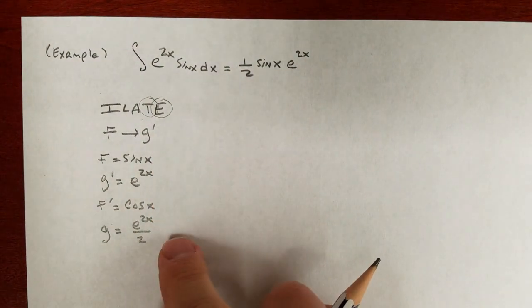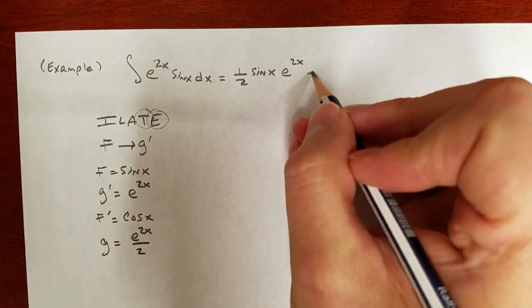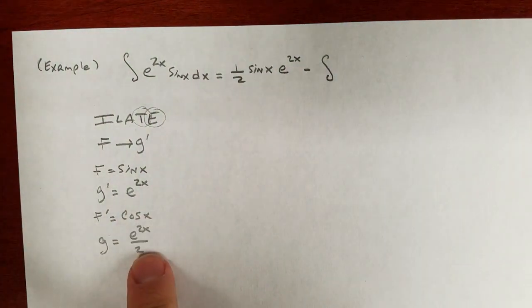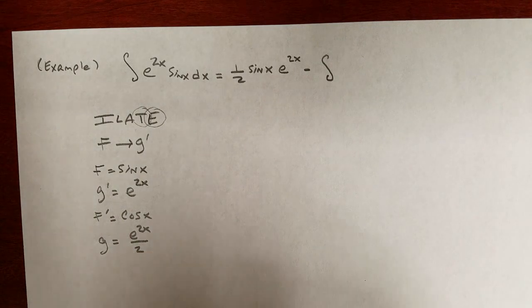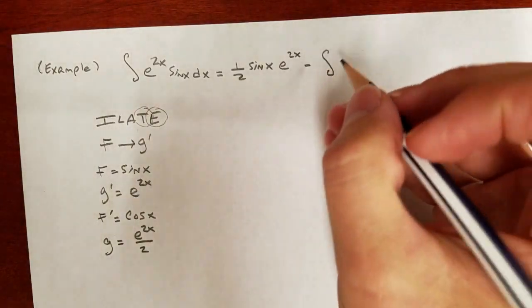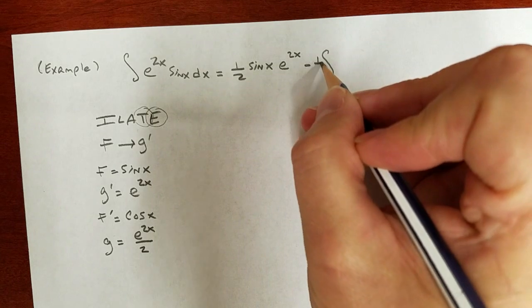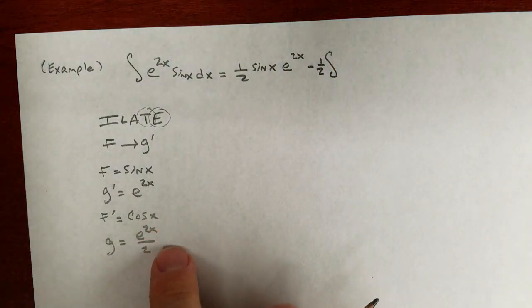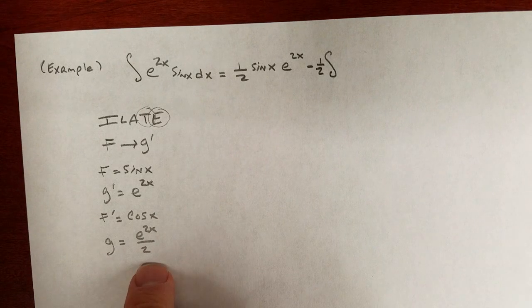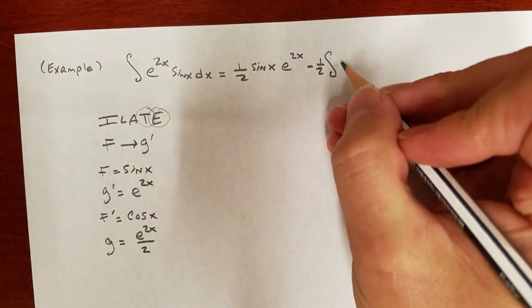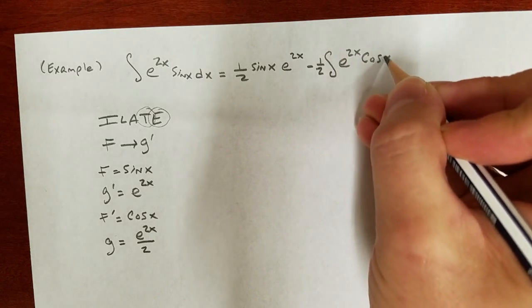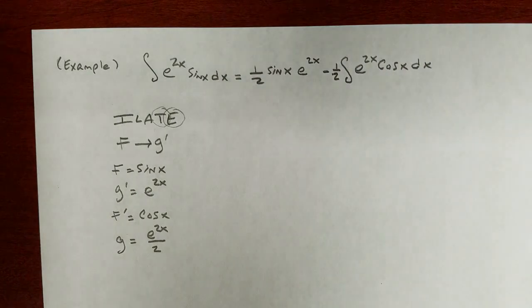That's f times g, minus the antiderivative of f prime times g. Let's put a 1/2 out here, because if you multiply f prime times g, you're going to have a 1/2 e to the 2x cosine x. And we get that.